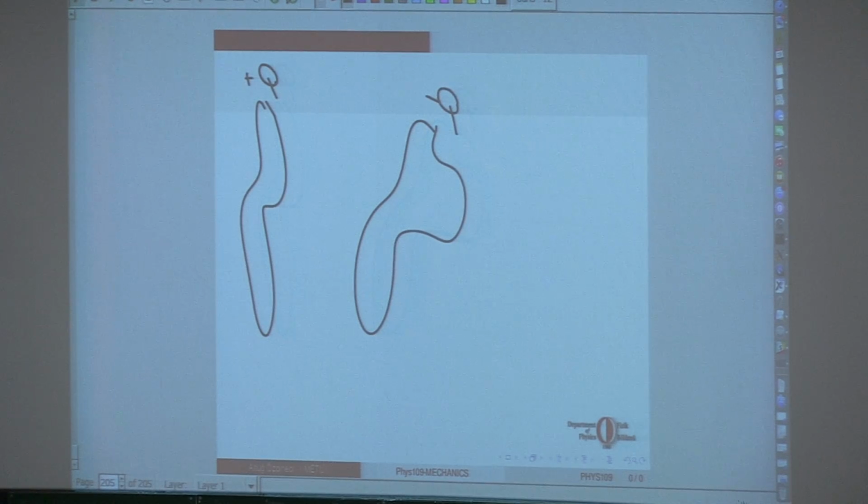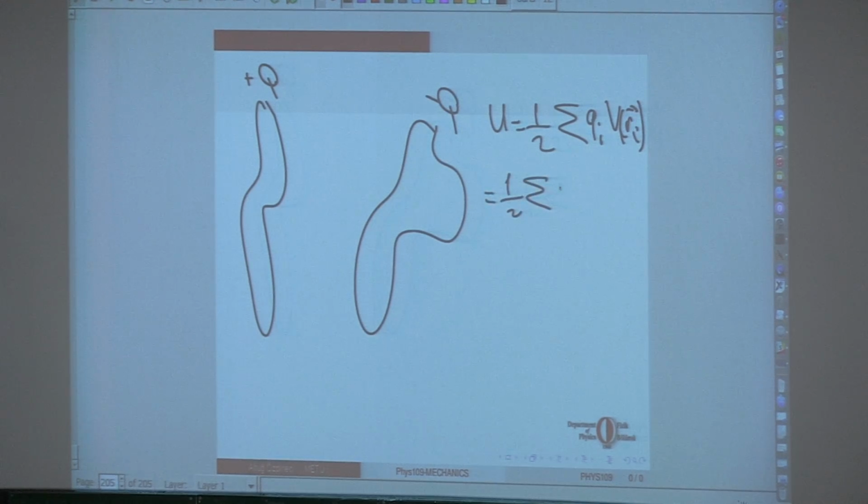So if you use this expression for the potential energy of my system, this is Qi V(Ri), all my charges are either on this conductor or on this conductor. So this sum just becomes 1 over 2 sum over all the charges.